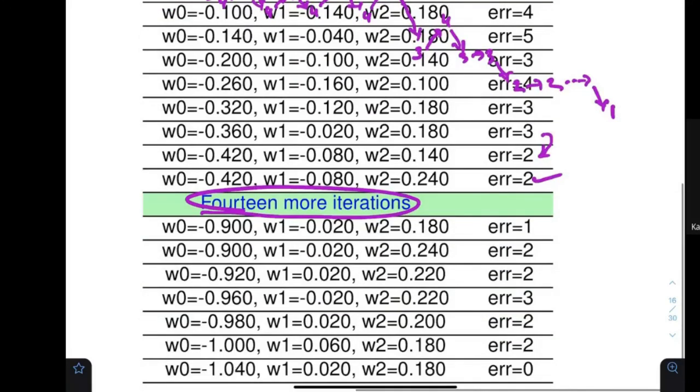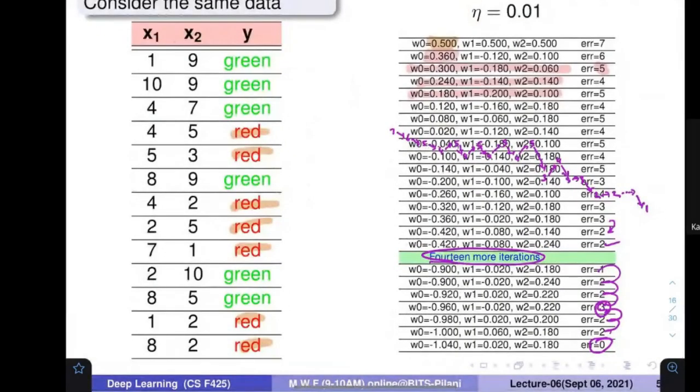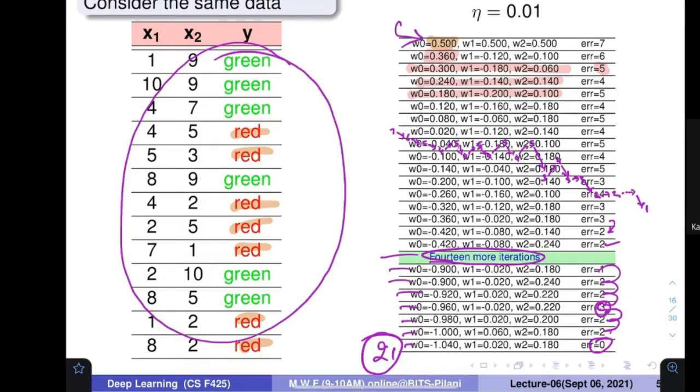But again it is not going to stop: becomes 2, 2, 3 again, then 2, 2, and after that suddenly it becomes 0. How many iterations? 14, 15, 16 up to 21 iterations. I started with this particular value on this particular data, and I was able to see that my error becomes 0.